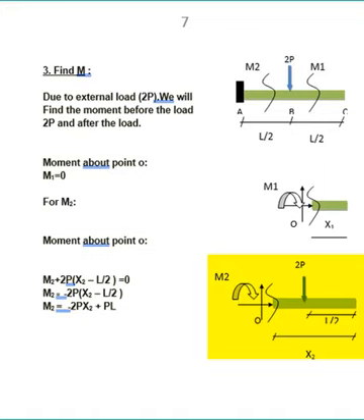So M2 is minus 2P times x2 minus L over 2, which gives minus 2P x2 plus PL.